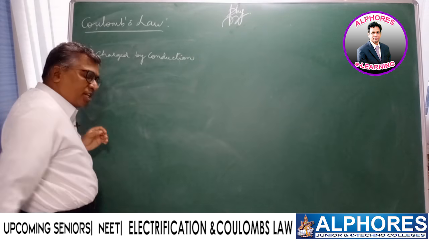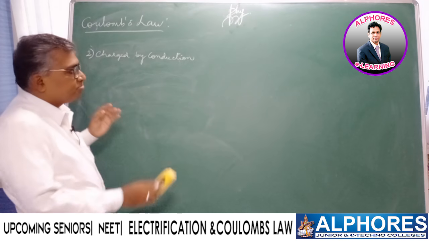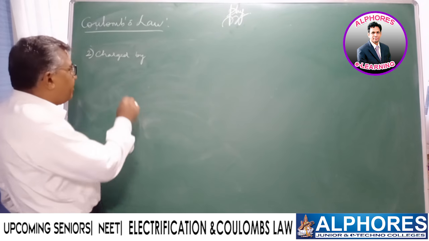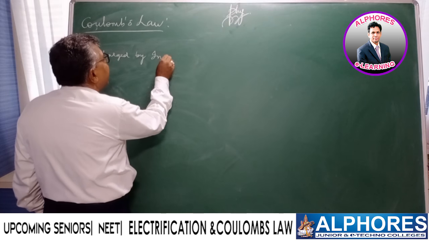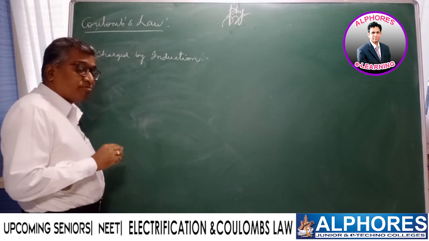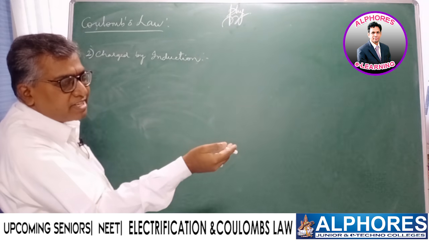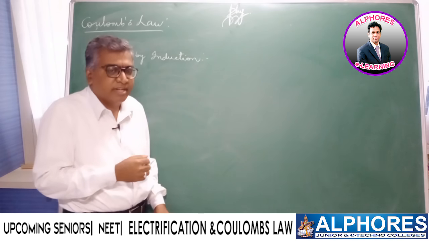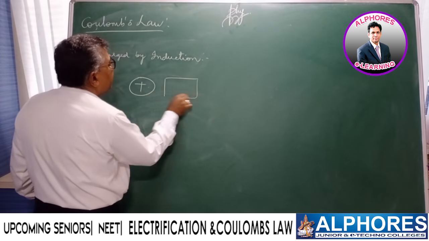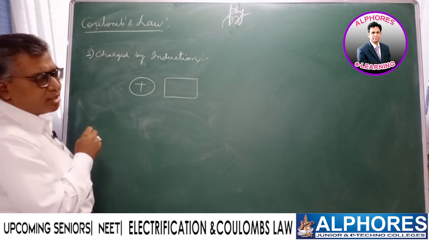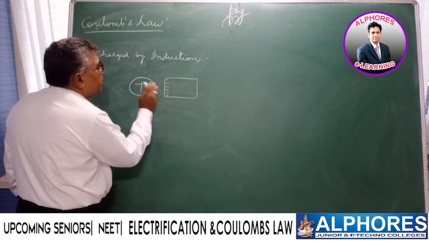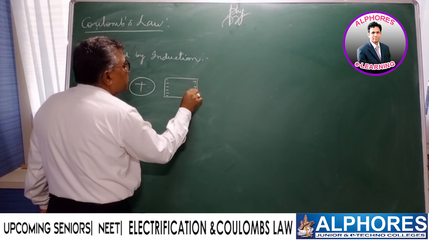So conduction precedes repulsion. Third, when a body is charged by induction, affecting something without contact, right? I was explaining in the previous video, when a charged body is put very close to a body, then unlike charge is deposited at the nearer end and like charge at the other end.